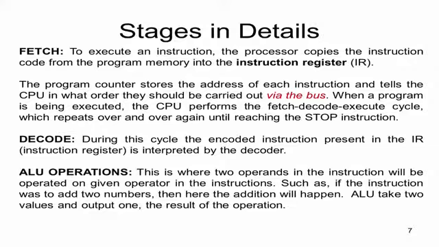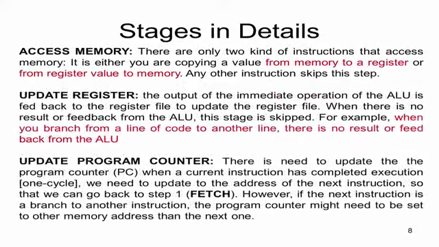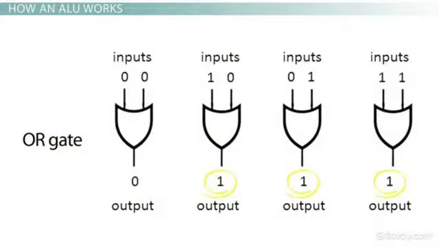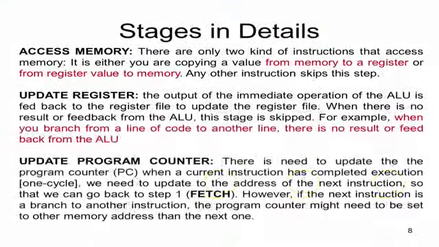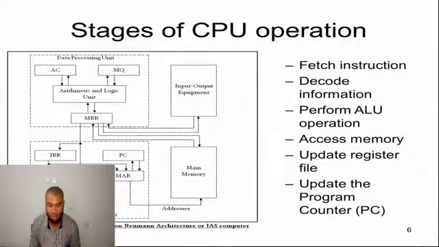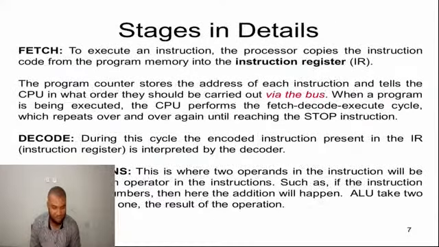Okay, the next stage is access memory. Now, there are two types of access you can find when the processor is doing its computation.